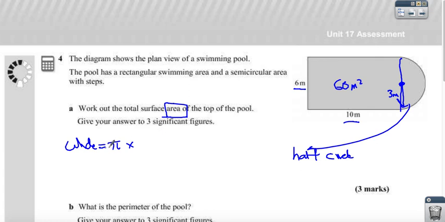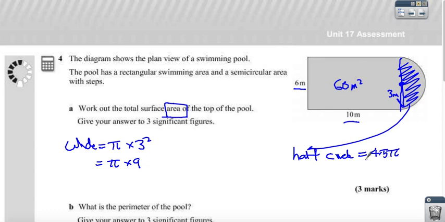So the area of the whole circle is pi times 3 squared, which is pi times 9. However, we only want half the circle, so if we halve that amount, half of pi times 9 is 4.5 pi.